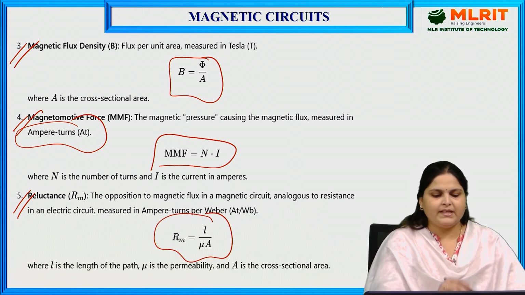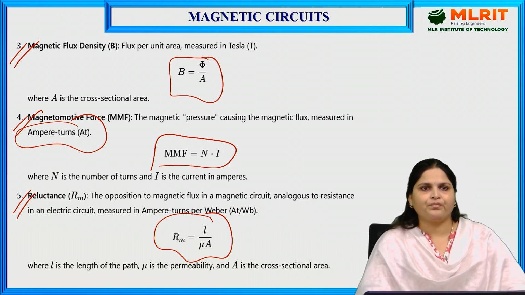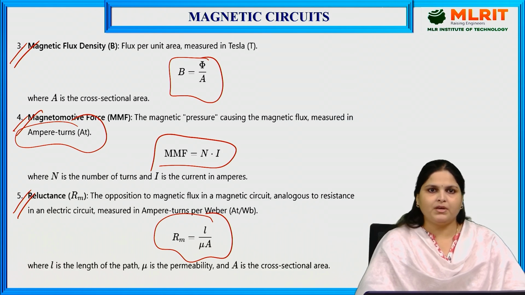You can write it in formula form as Rm is equal to L upon mu A, where L is the length of the path, mu is the permeability of the magnetic material, and A is the cross-sectional area.